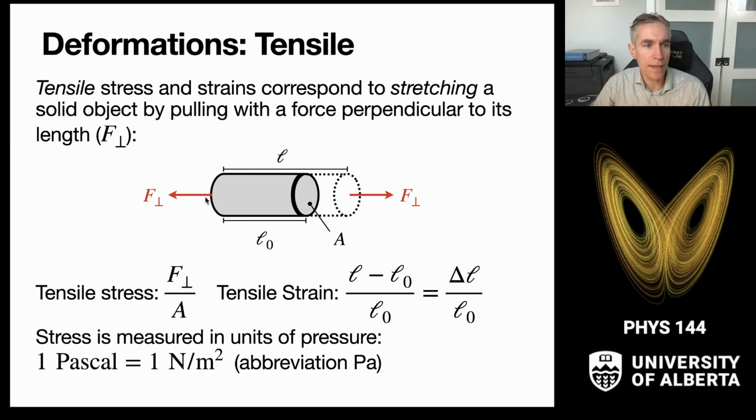So this is like a little wire or a cylinder or something like that. The relevant variables are how long it is originally, that's L naught. This length L is what it will stretch to. For the perpendicular forces, you use one force, F perp, for the forces applied at both ends.